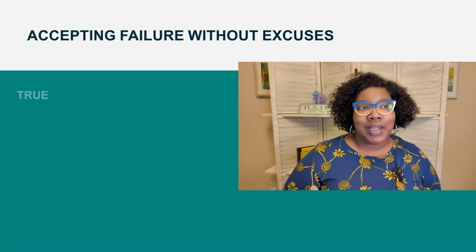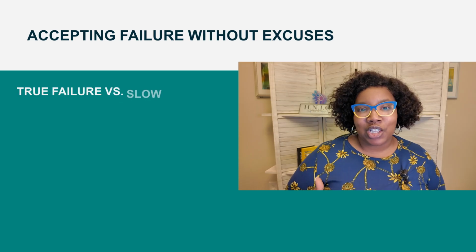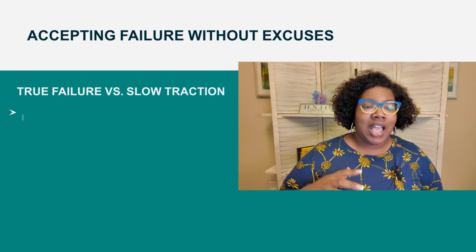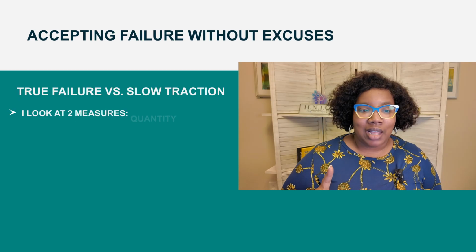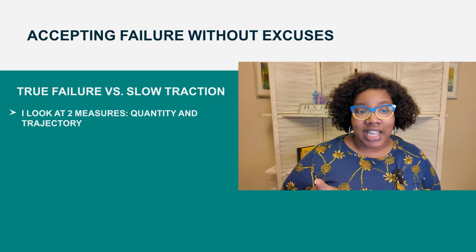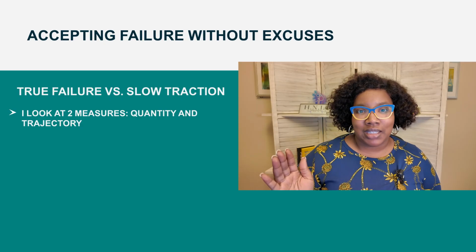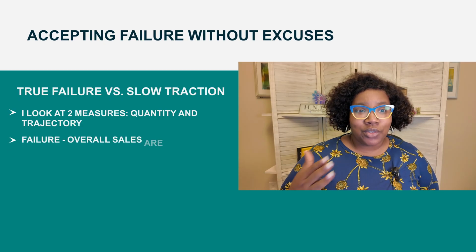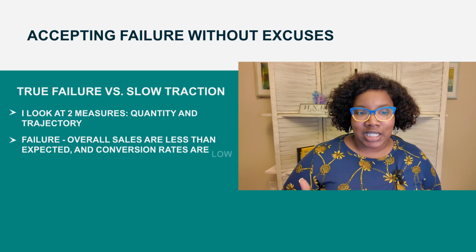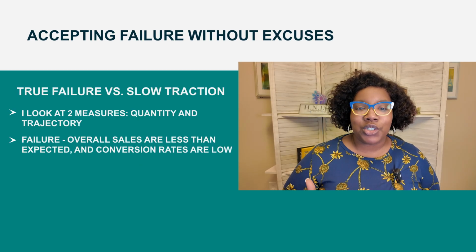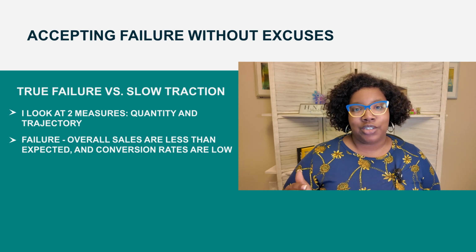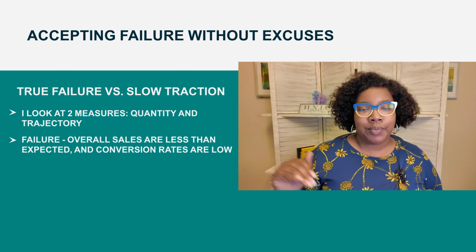The difference between true failure and slow traction is a small one, but here's what I mean. I look at two measures. I'm looking at quantity of sales and I am looking at trajectory over a 3 month time span usually. So I would call it a failure if your overall sales are slower than expected and your conversion rates or your trajectory is low, not going in the right direction, or flatline, okay?